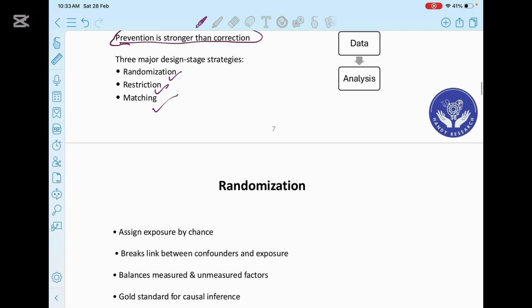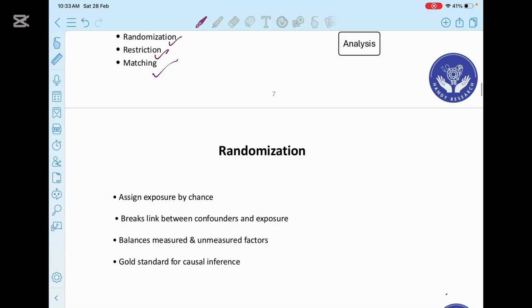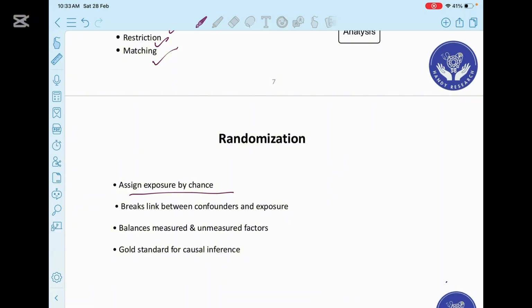So how do we randomize? Randomization is the gold standard, and in a randomized controlled trial, participants are assigned to exposure groups purely by chance. Because assignment is random, confounders, both measured and unmeasured, are balanced between the groups on average. Let's take an example.